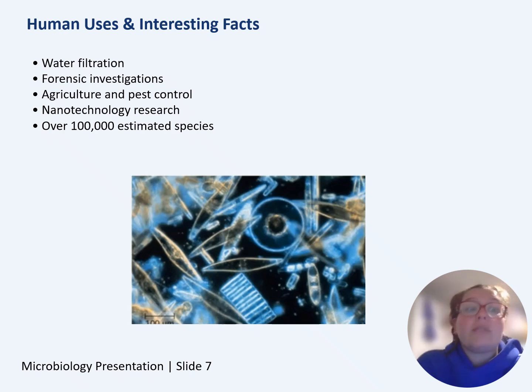Scientists also use diatoms to assess water quality, because different species respond differently to environmental changes and pollution. In forensic science, they can help determine whether drowning occurred by identifying the species present within the tissues. That's actually interesting about diatoms, that they can determine if you drowned by finding those species present within the tissues.